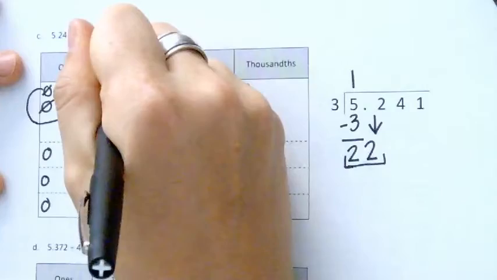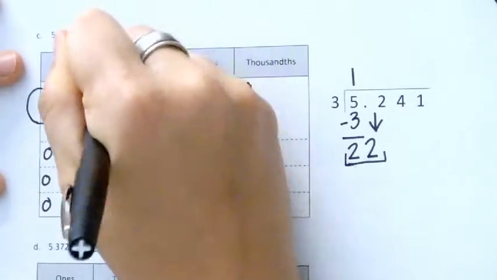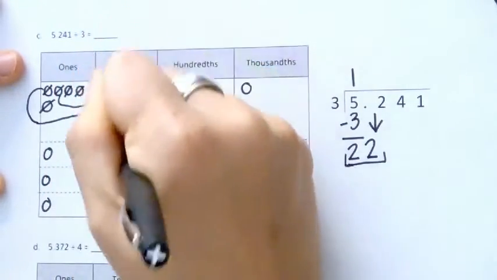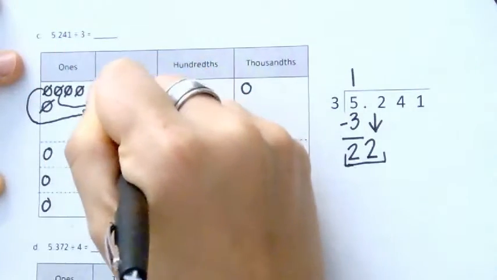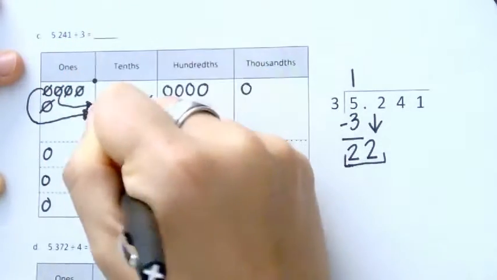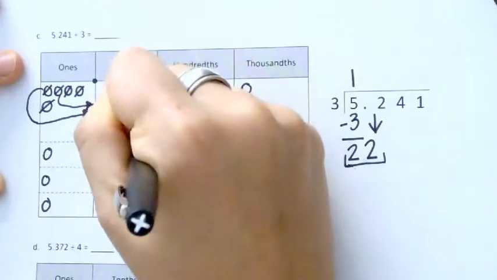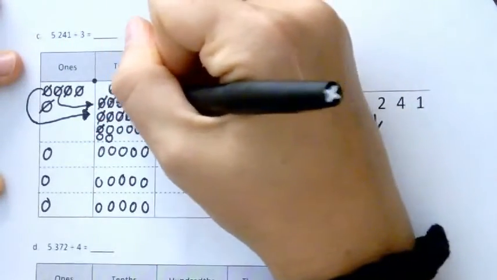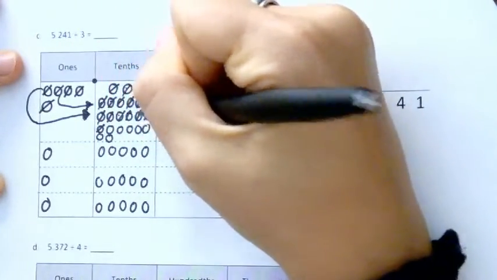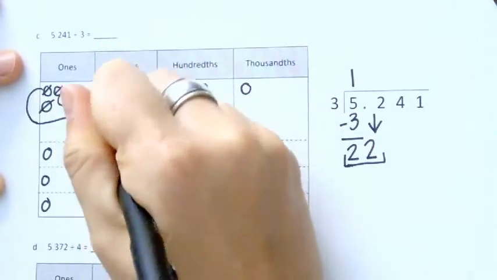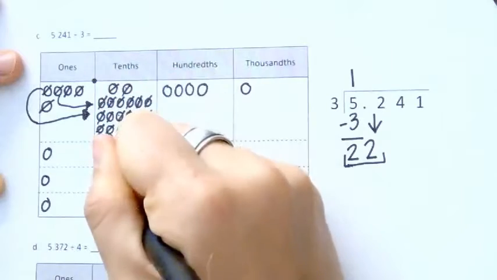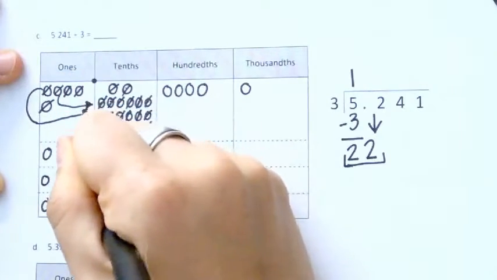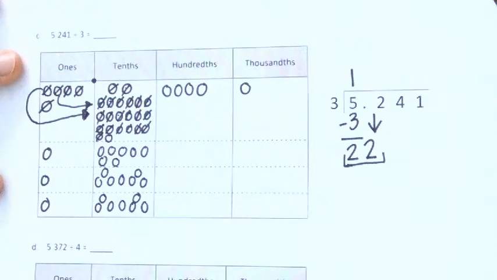Okay, go ahead. Ooh, that was a lot. How many are in each group?